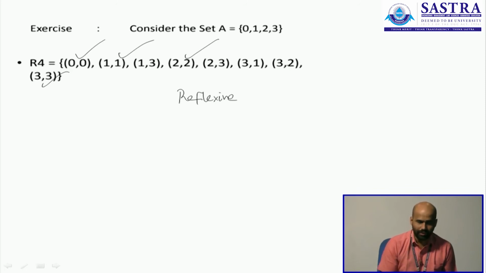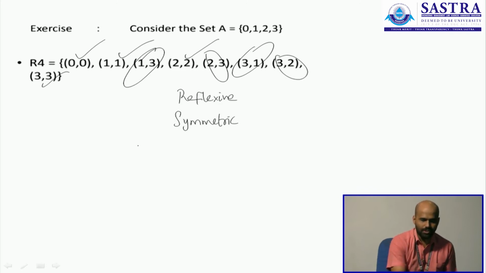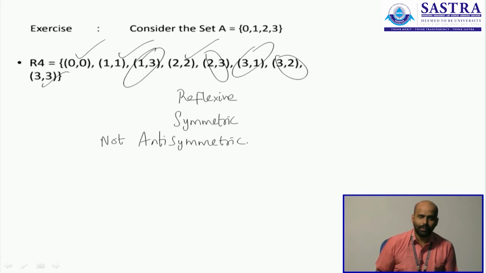How do you say you can? Yes, you have both 1, 3 and 3, 1 present. That's fine. You also have 2, 3 and 3, 2 present. Hence it is symmetric. Which means it is not antisymmetric because when the elements are different, you have both pairs present. You cannot call this antisymmetric.